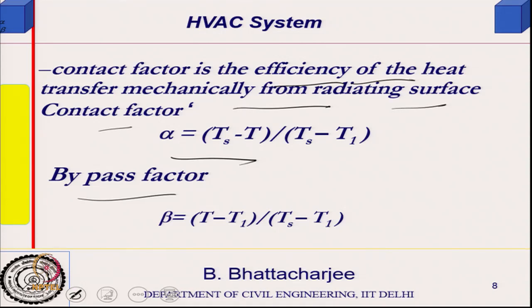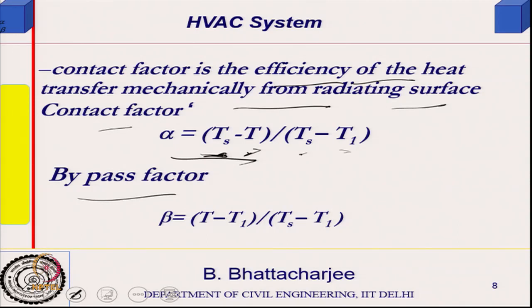Contact factor is given as supply temperature minus the room temperature, and average room temperature and supply temperature. This is the room temperature, and this is near the duct itself.